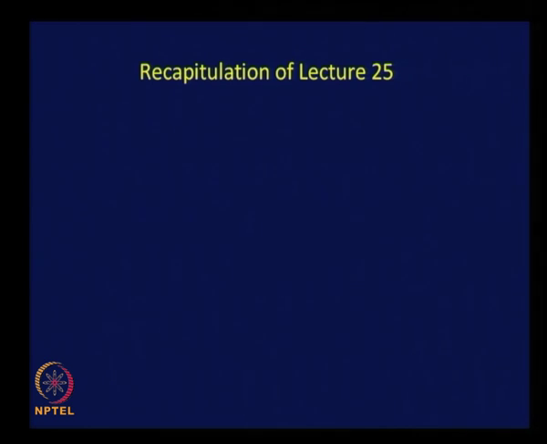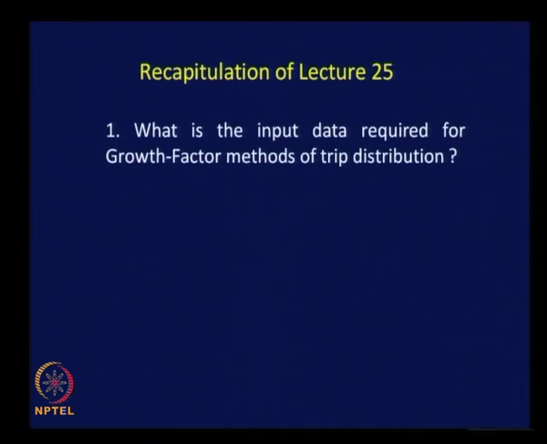To recapitulate the previous lecture, namely lecture 25, the first question to you is this: what is the input data required for growth factor methods of trip distribution in general? Input data required for growth factor methods, it could be uniform factor method or average factor method. Any response, anybody? Just the input required for this method.